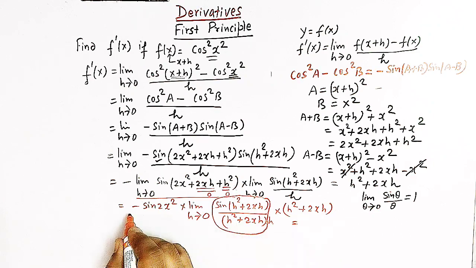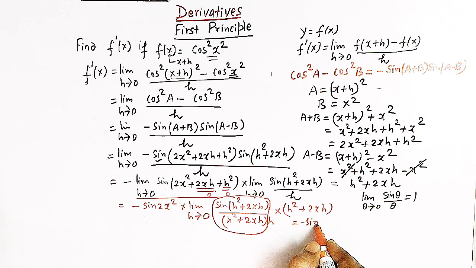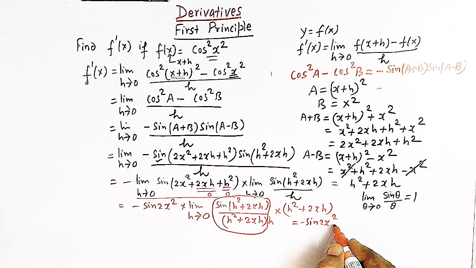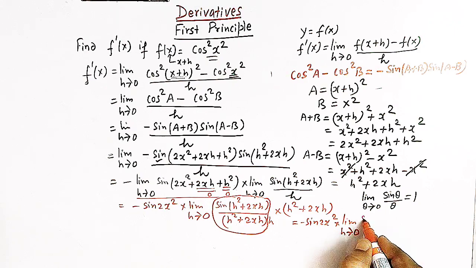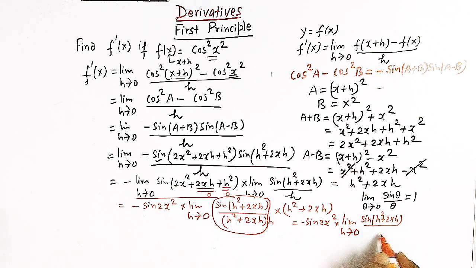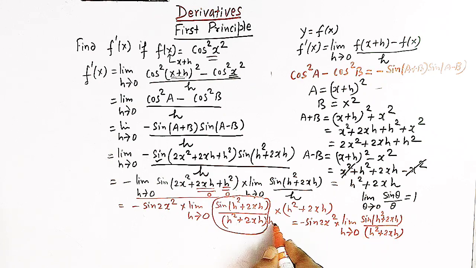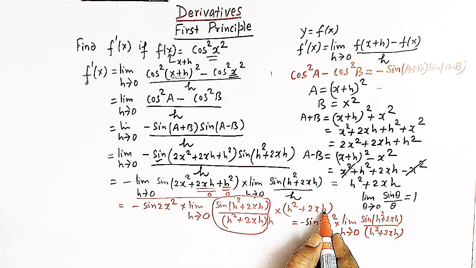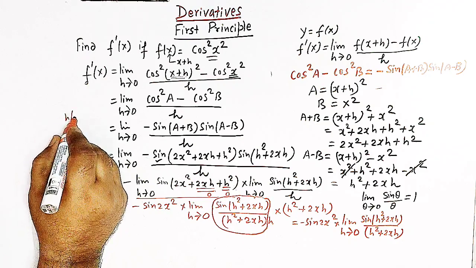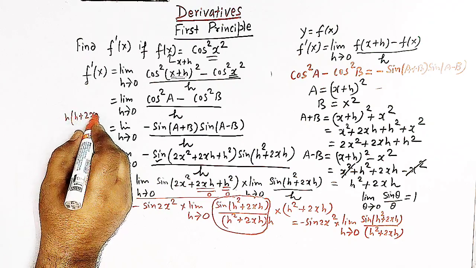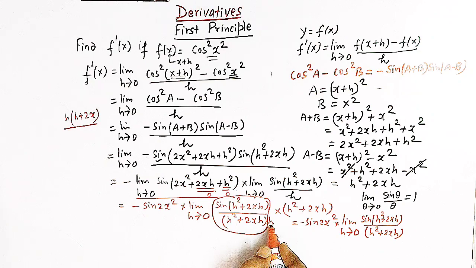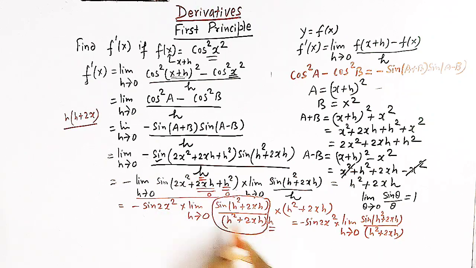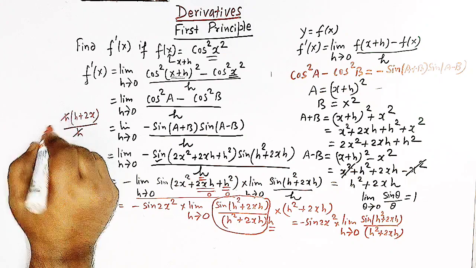So now we can write negative sine 2x square, and then we have limit h tends to 0 of sine of h square plus 2xh over h square plus 2xh, and now from here we can take h common, so we can now write h plus 2x, and in the denominator we have this h, and this h and this h get cancelled.